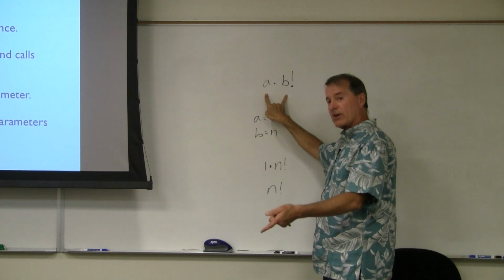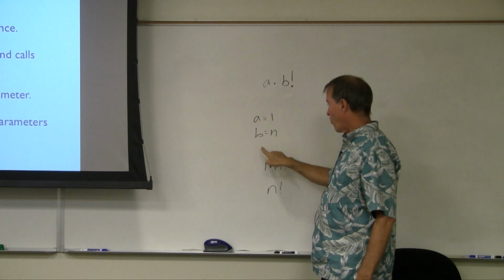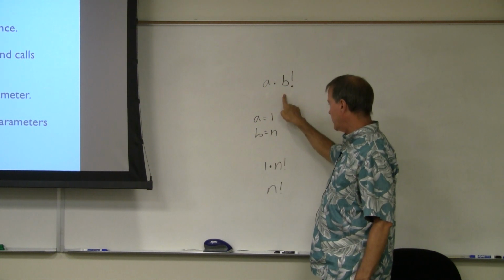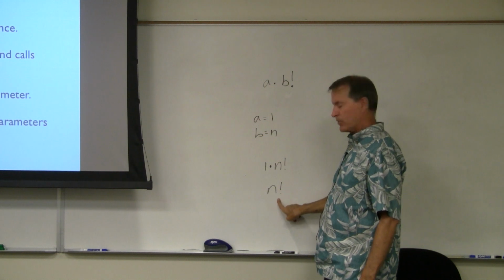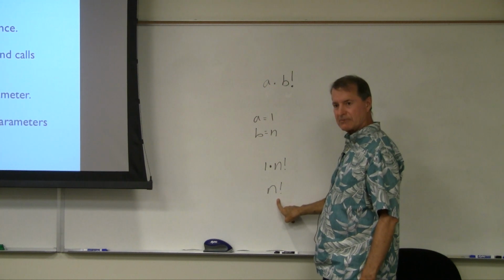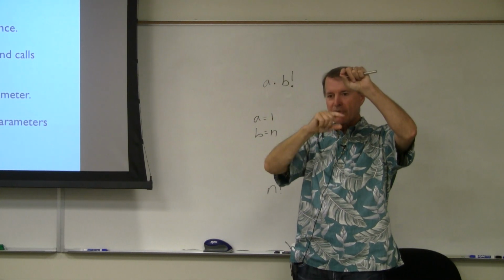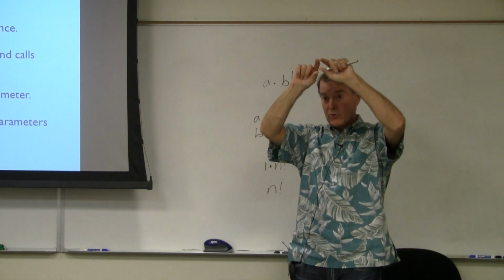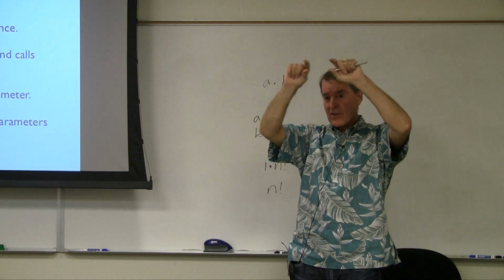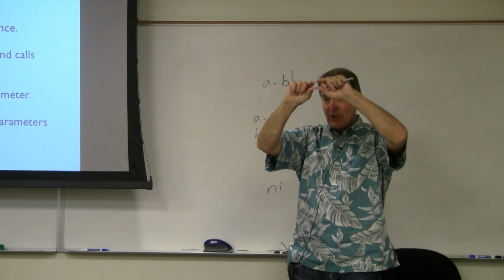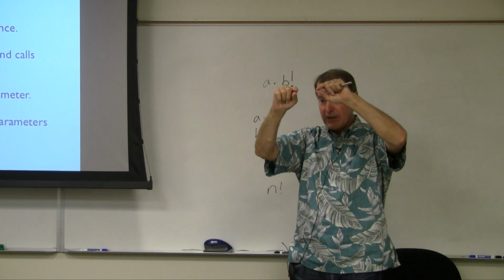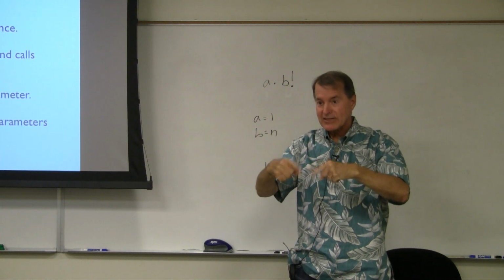So factorial is going to call it with a 1 for a and an n for b, and therefore it will return n factorial. Then the helper function is going to call itself tail recursively.